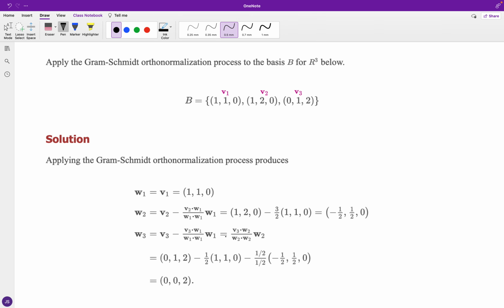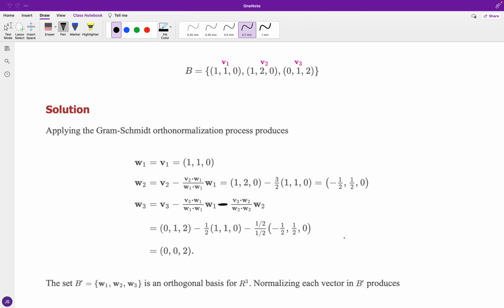Where we have the equal sign, the alternating error here should be subtraction. So it's minus V sub 3 dot W sub 2 all over the dot product of W sub 2 with itself, and that ratio times W sub 2. Going through the process, W sub 3 ends up as (0, 0, 2).